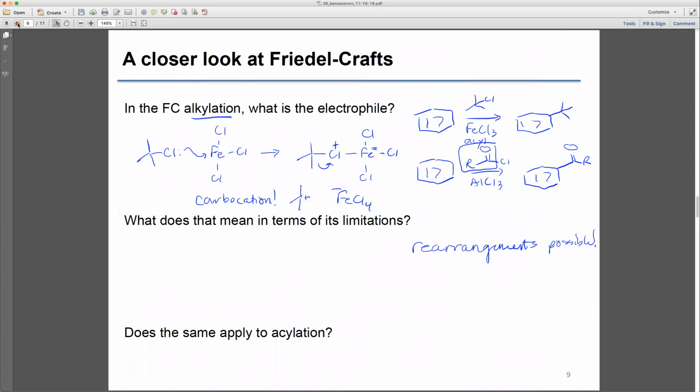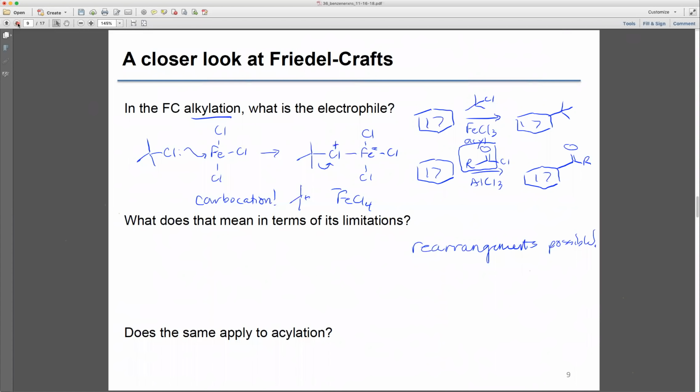These conditions that we're looking at here are Lewis acid conditions, so they're not the Bronsted acid conditions that we are familiar with, but the Lewis acid here is strong enough to generate the carbocation intermediate. So yes and yes.